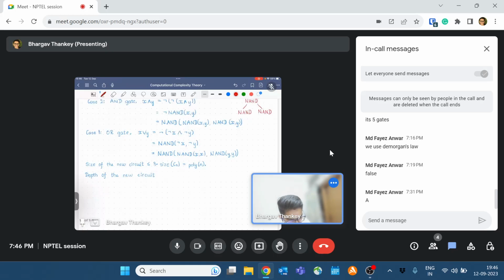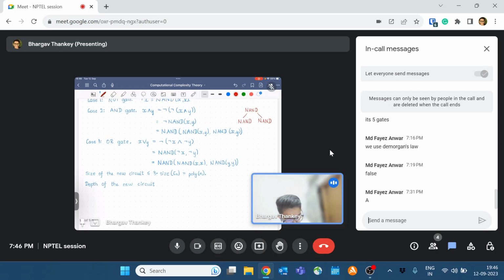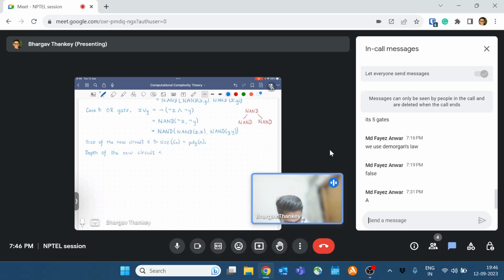Similarly, in the case of OR, I'm also replacing an OR gate with a similar construction. It's again NAND of two NANDs. So both of these have the same sort of replacement. So the depth increases by a factor of at most two, and this is still O((log n)^i). So the size is poly(n) and the depth is O((log n)^i).